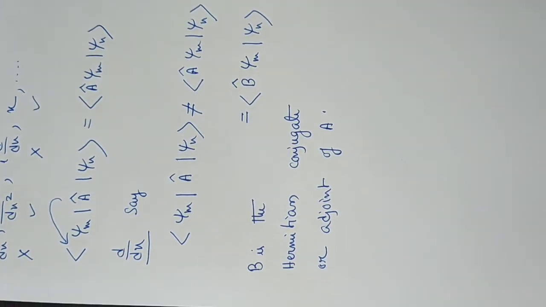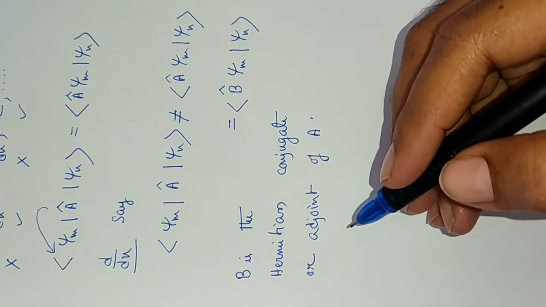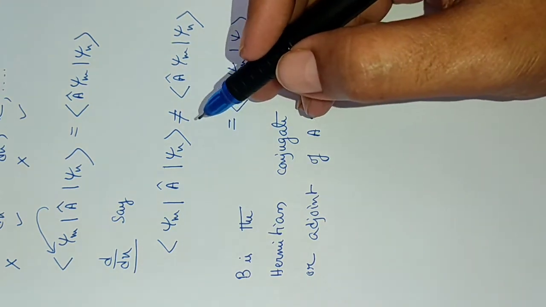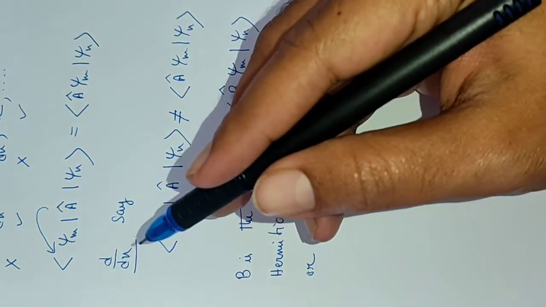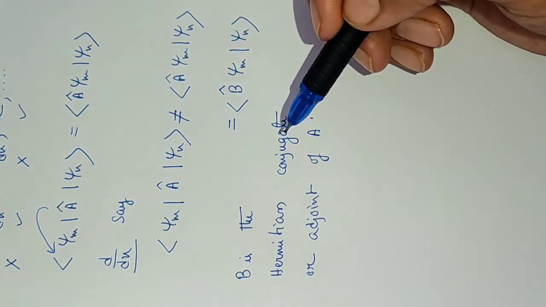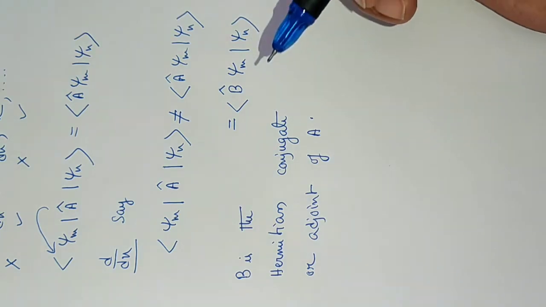Now let us check with an example to clear our concept. This will appear for an operator which is not Hermitian. Now d/dx is not Hermitian, as I have claimed just now. So let us first check whether d/dx is Hermitian or not.